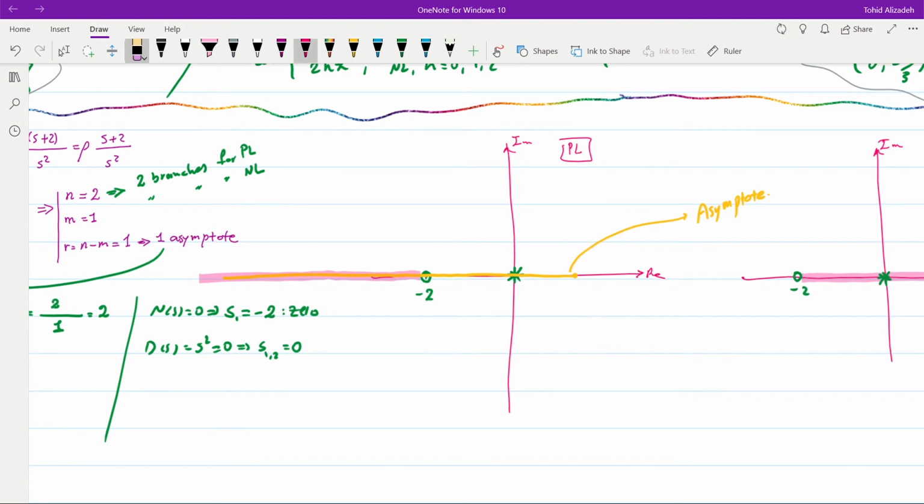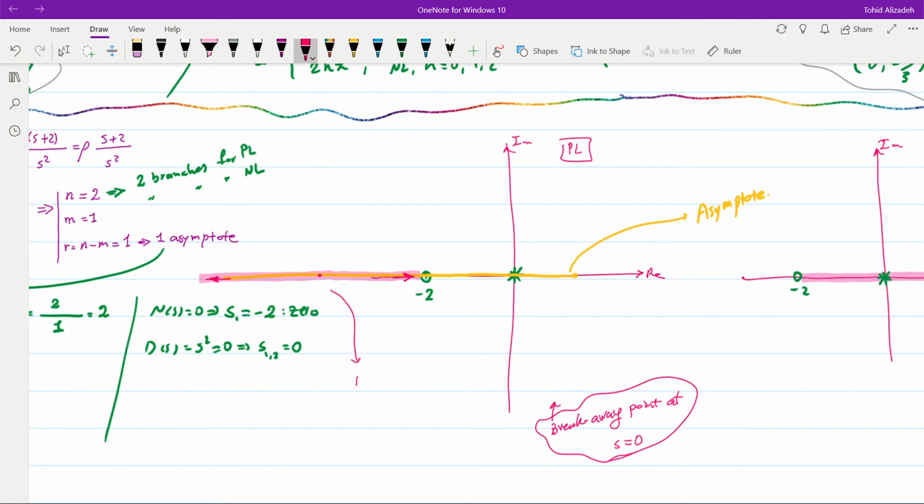So for sure, for the positive locus, we will have a break away point at s equal to 0. They will break away, and at some point they need to come back to the real axis, because then one branch will approach the 0 at minus 2 and the other branch will go towards minus infinity.